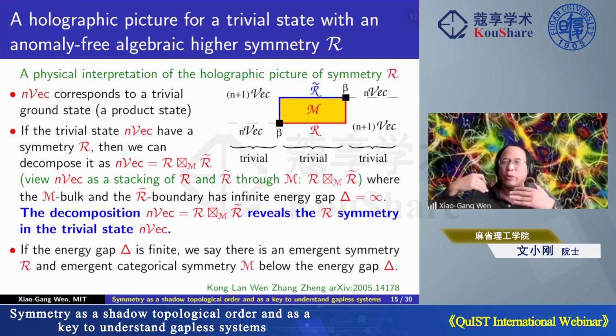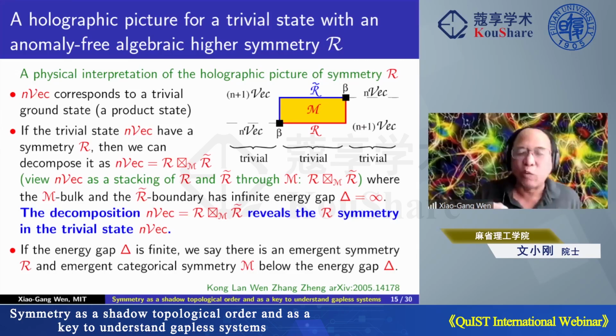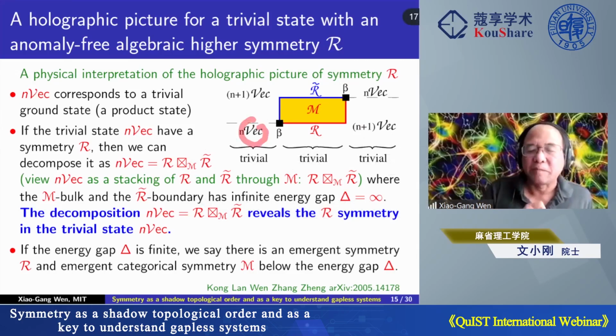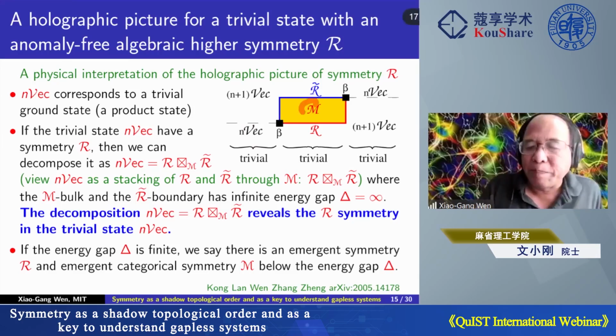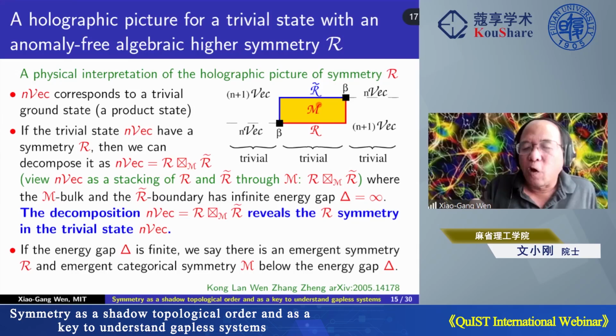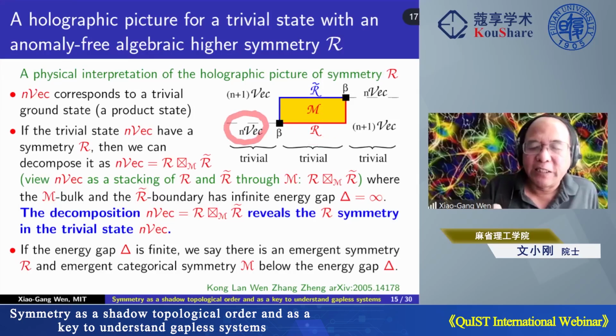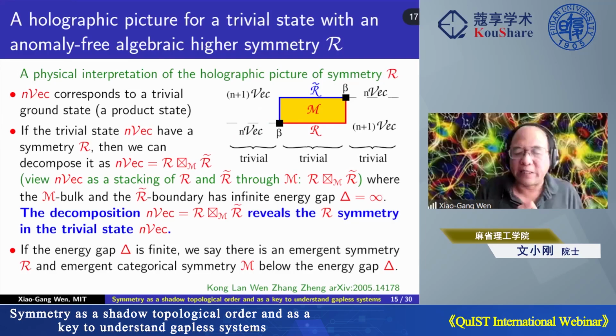So a way to detect symmetry is to ask whether the product state has a decomposition or not. And this decomposition assumes that this M and the R tilde boundary have an infinite energy gap. So only the boundary excitations of this R boundary match the excitations above this product state.